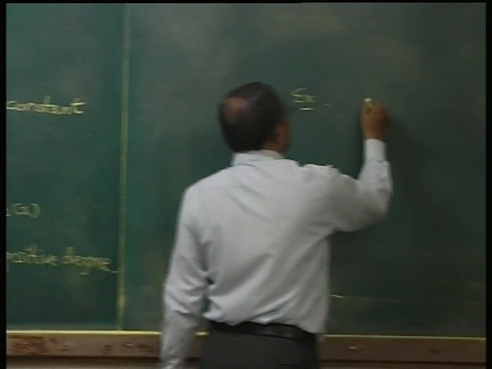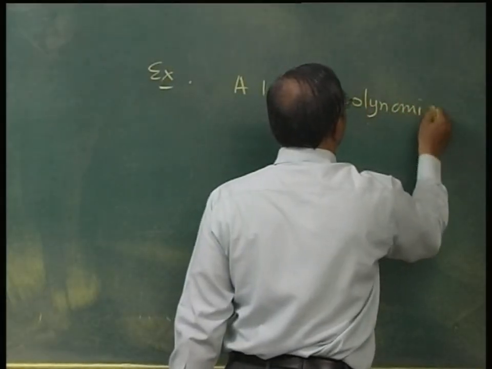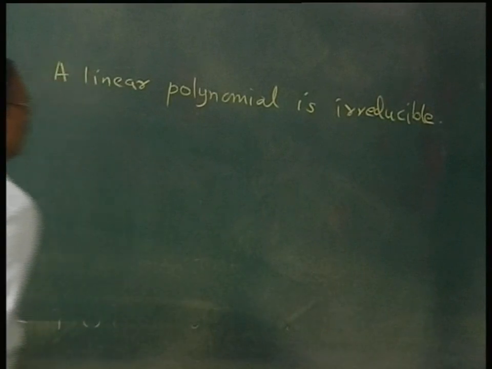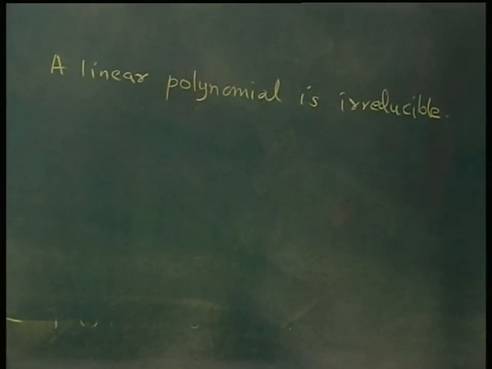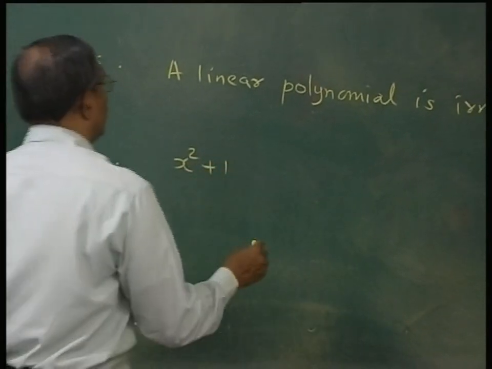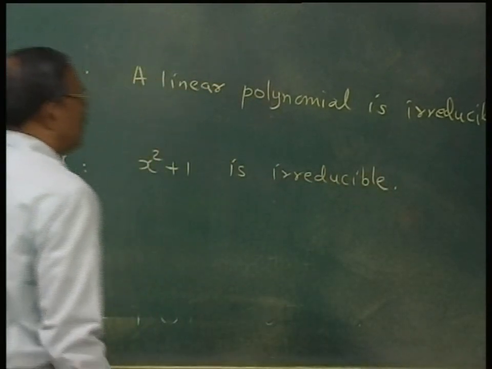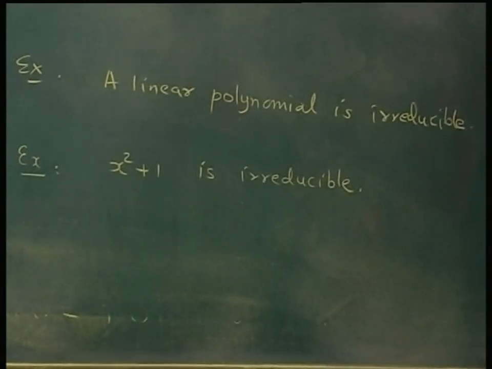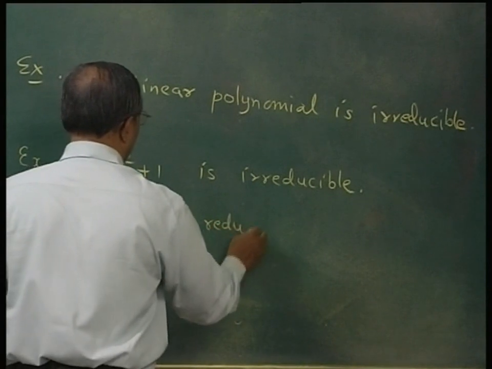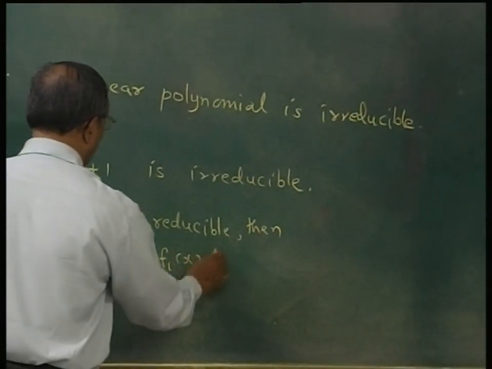Standard examples are that a linear polynomial is irreducible. If you take this polynomial x square plus 1, it is irreducible. That is because if it is reducible, then x square plus 1 equals f1(x) into f2(x).